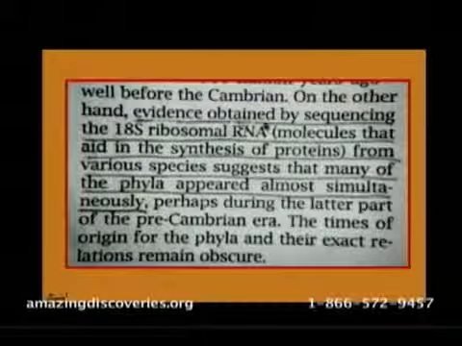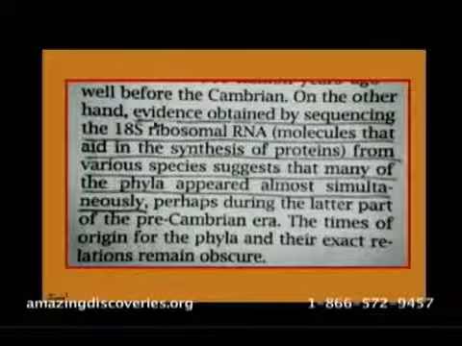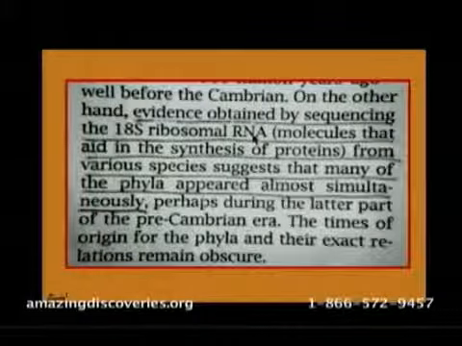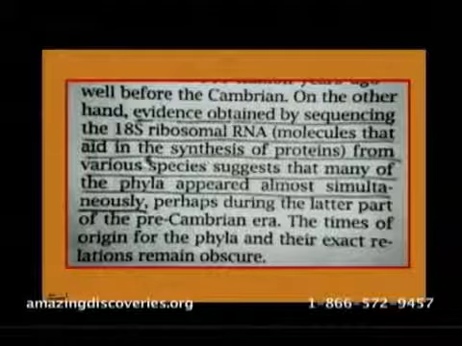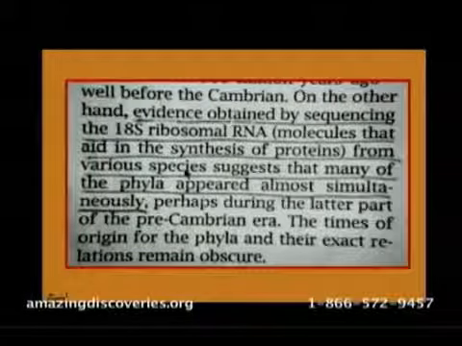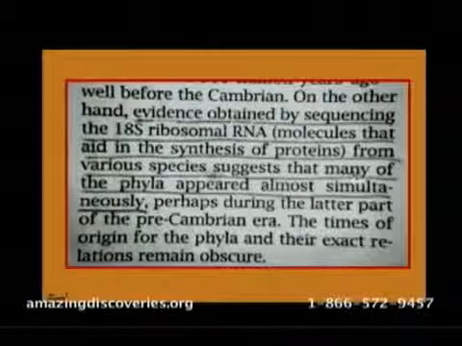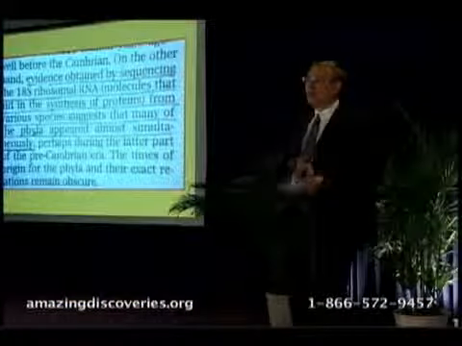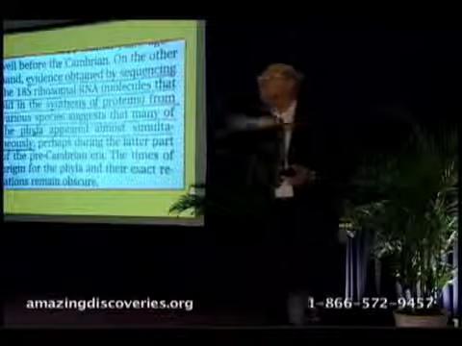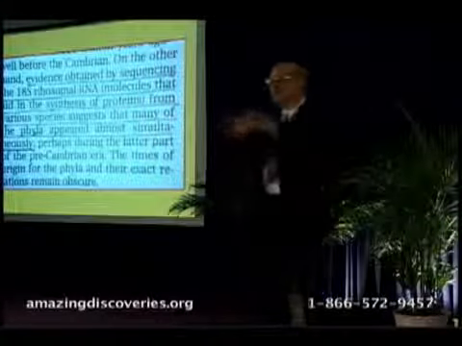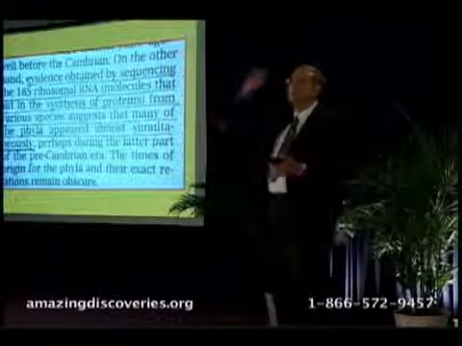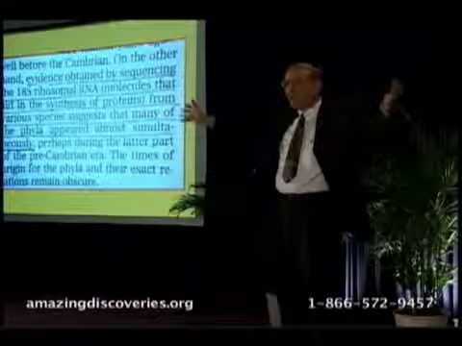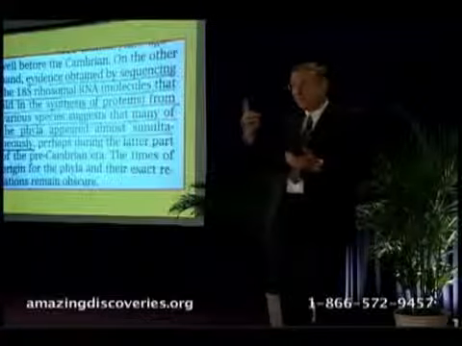It is evidence that was obtained from sequencing 18S ribosomal RNA, that suggests that various species and many phyla, now what's a phyla? That's a huge category of animal. For example, all the snails, all the slugs, all the marine mollusks, all the squids and the octopuses, and all of that constitutes one phylum.